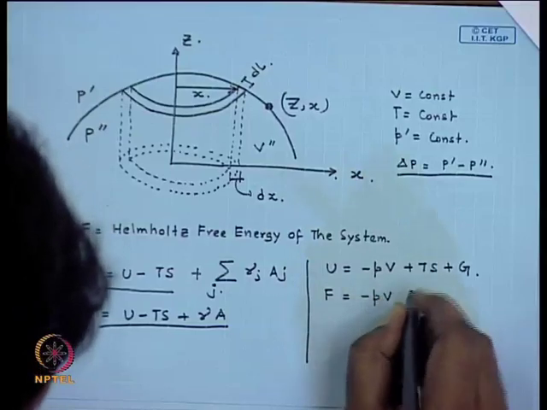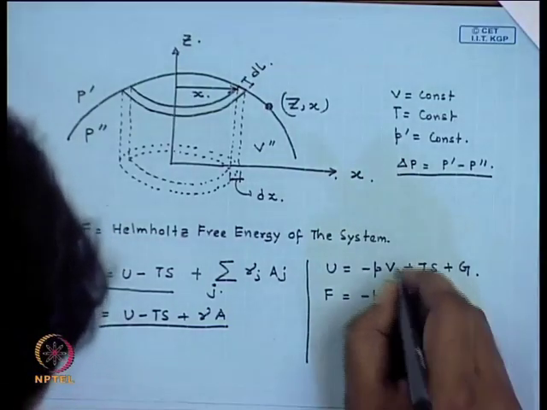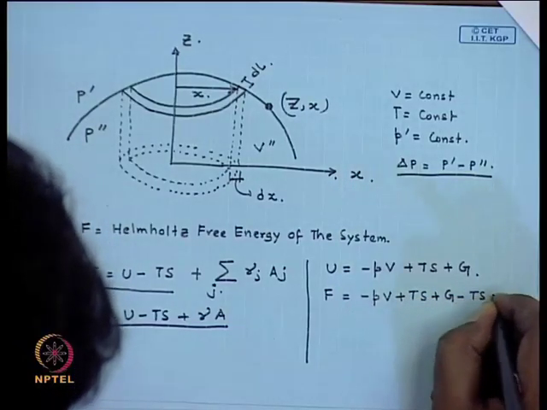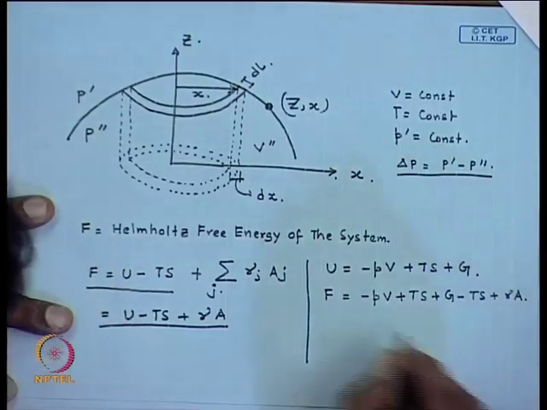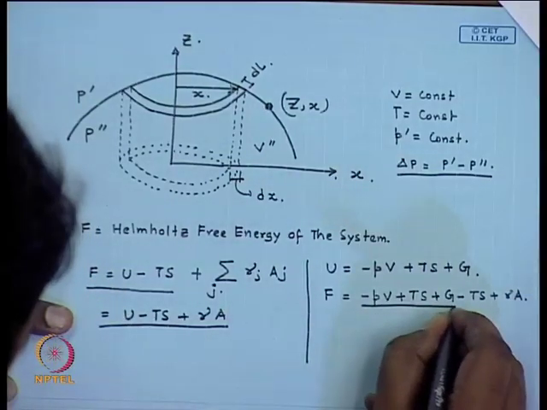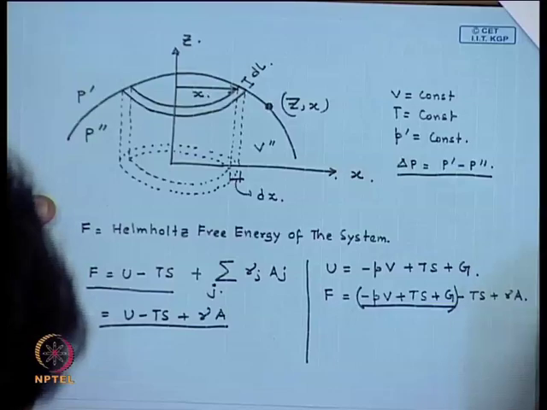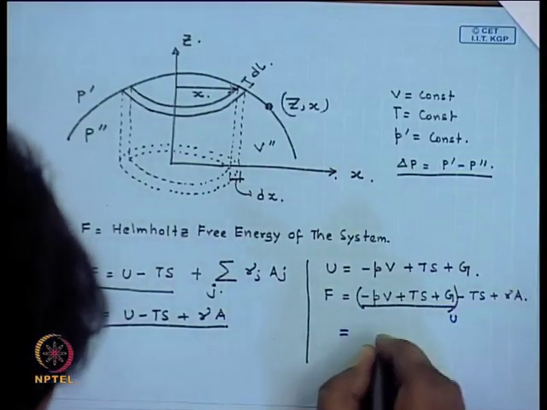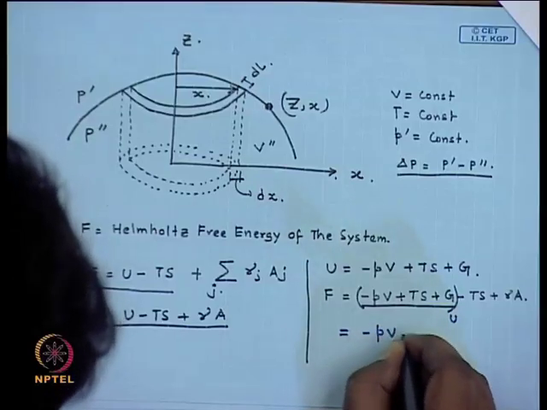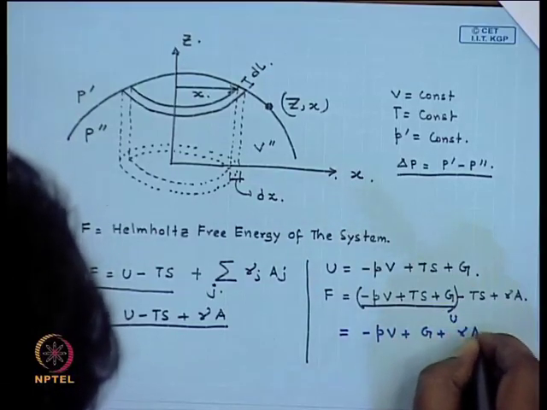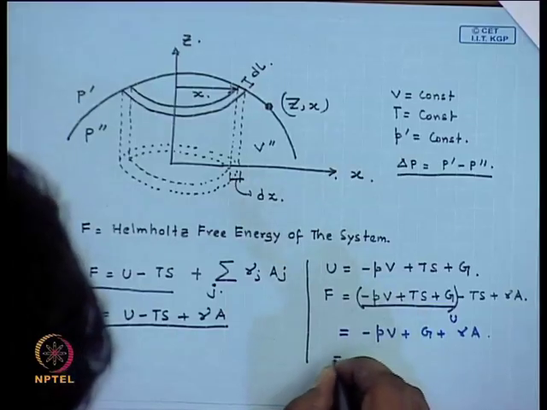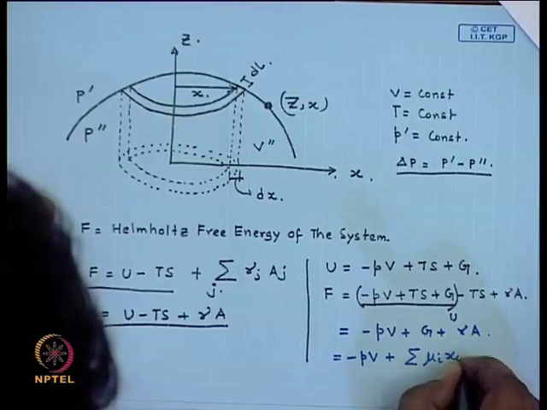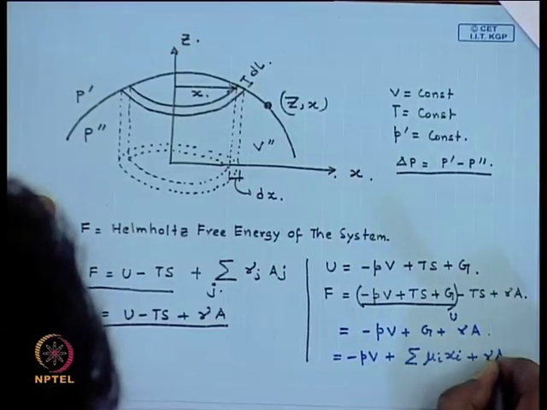So, it is essentially minus PV plus TS plus G minus TS plus gamma A, the expression of F. So, this is what we have replaced for U, and U minus TS plus gamma A. So, this eventually turns out to be minus PV plus G plus gamma A. G is the Gibbs free energy which we all know can be written in terms of chemical potential as sum of mu i n i, plus gamma A.